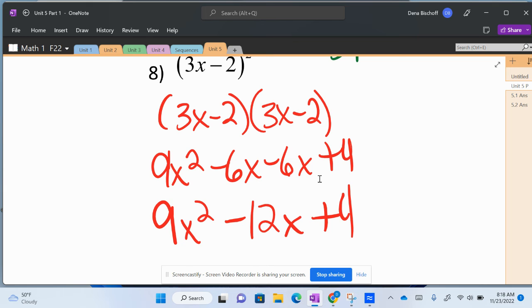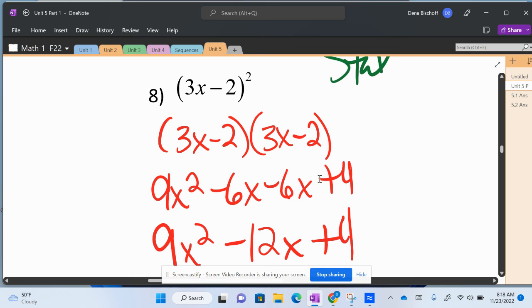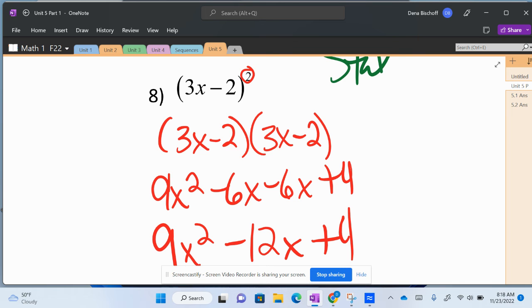When you look at that, remember when you square something, this is not joined by times. When you square numbers that are multiplying, you distribute the power. This isn't joined by a multiplication sign. This is joined by a subtraction sign. So that means I have to take this whole binomial, this minus this, and multiply it by this minus this again.